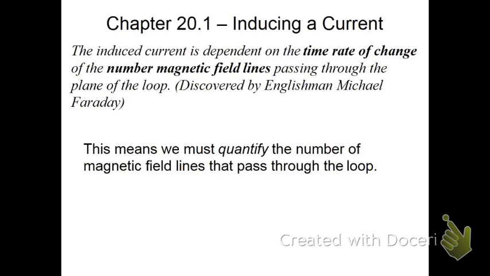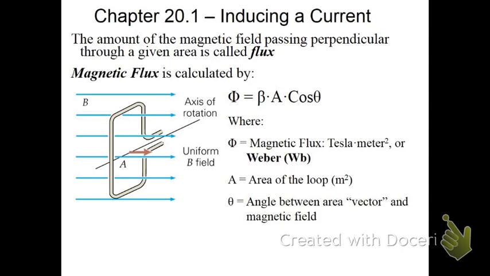All right, and like just about every other physics concept, we've got a mathematical model. This is our mathematical model for this phenomenon, this number of field lines going through a loop. It's called magnetic flux, and we measure this magnetic flux in Webers. I can multiply the strength of the magnetic field in Teslas, the area of the loop in square meters, and this orientation.